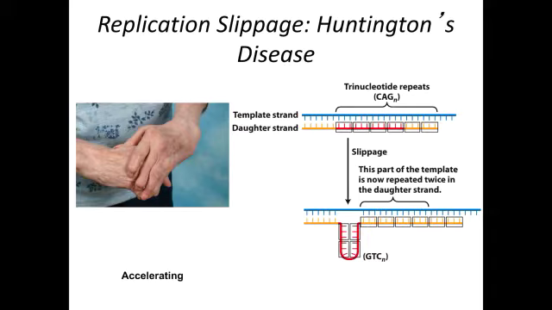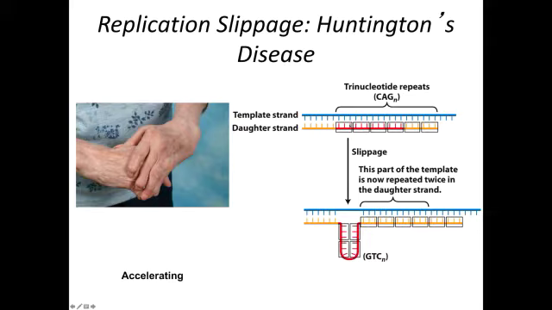And then again, replication slippage, which I said before, can be a powerful form of mutation. And we've talked a fair bit about Huntington's disease. This is a person who has Huntington's disease, and I'll remind you, it is a neurodegenerative disorder that can cause this type of problem with the hands, and it can cause tremors. And it again arises from this sort of stuttering that can occur inside DNA sequences.